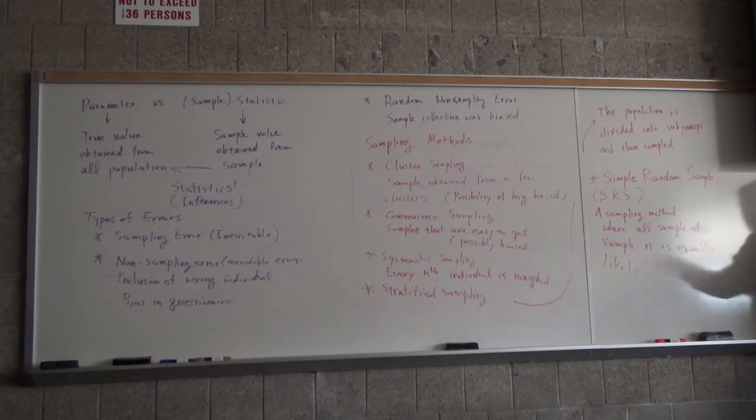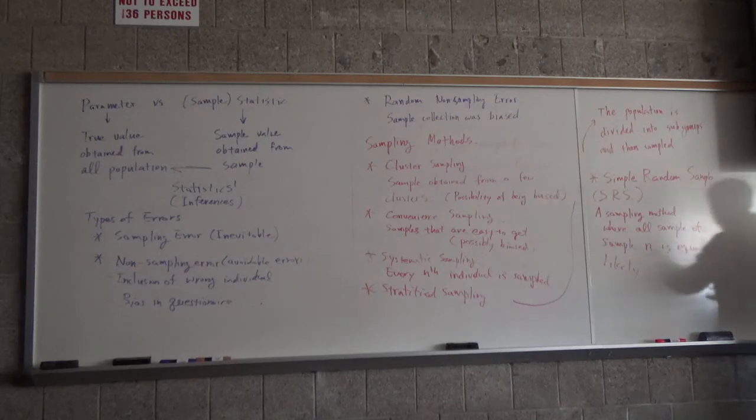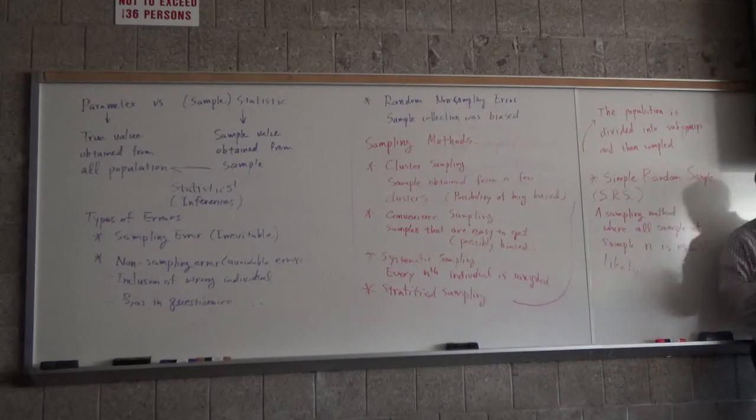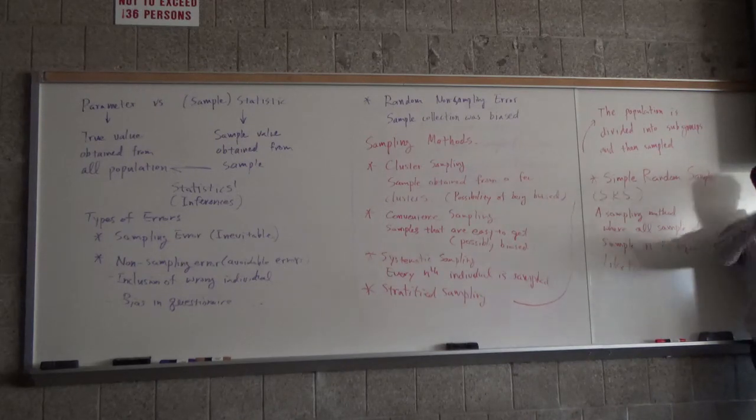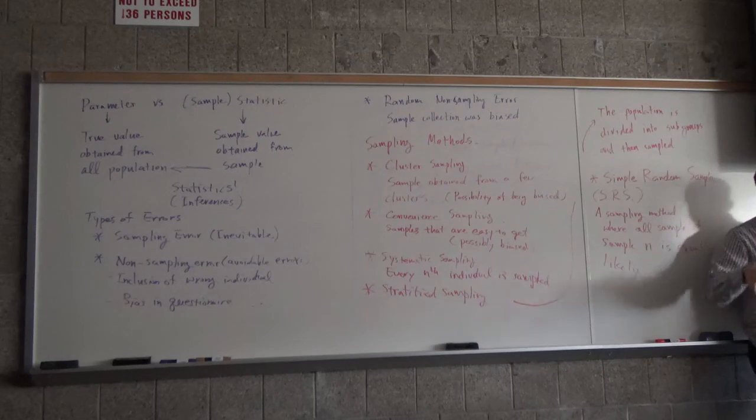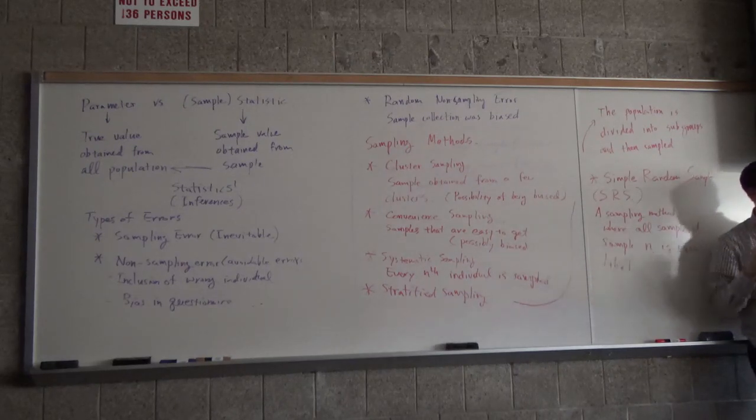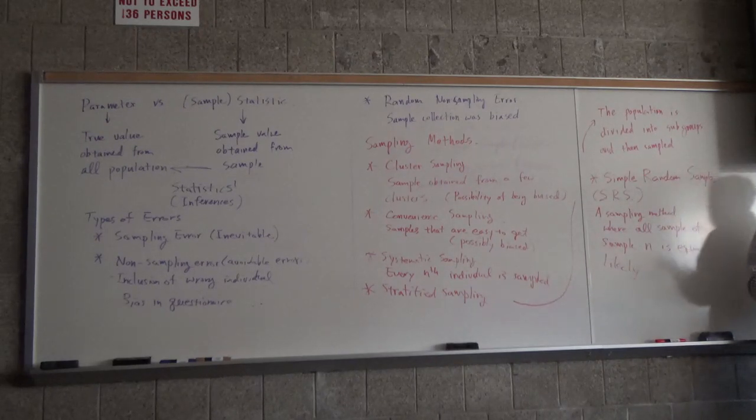So I'll bring golf balls and put student ID numbers on there, right? Put them into a large box. I'm going to shake that box, get five golf balls out, and then from there, I announce who was picked, right? That would be a simple random sample. Okay, it takes a lot more work.